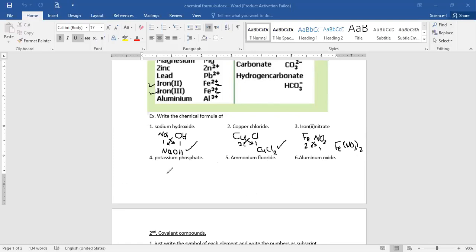Okay, Ali, could you help us in this one? Potassium phosphate, could you help us here, please? K. K, potassium is K, good. Its valence equals? 1. 1. Phosphate group is?